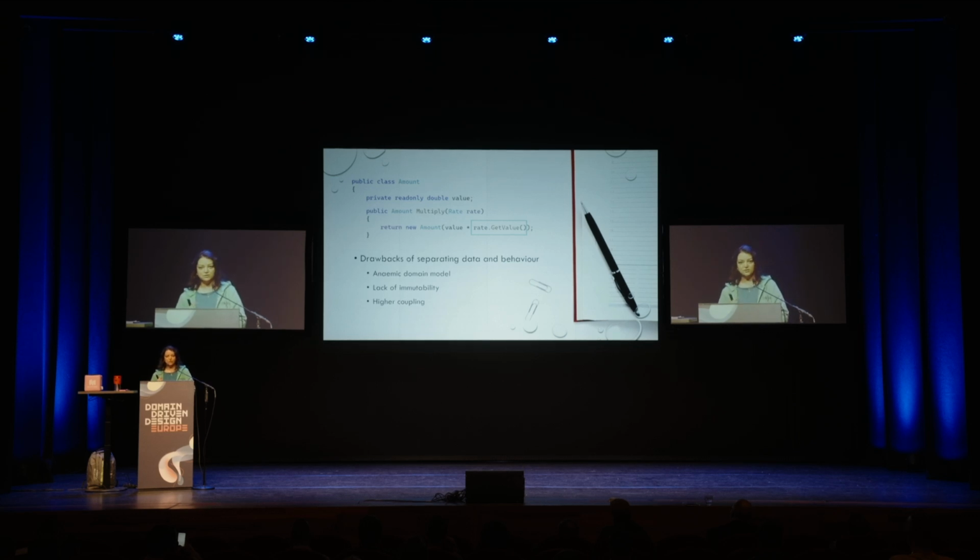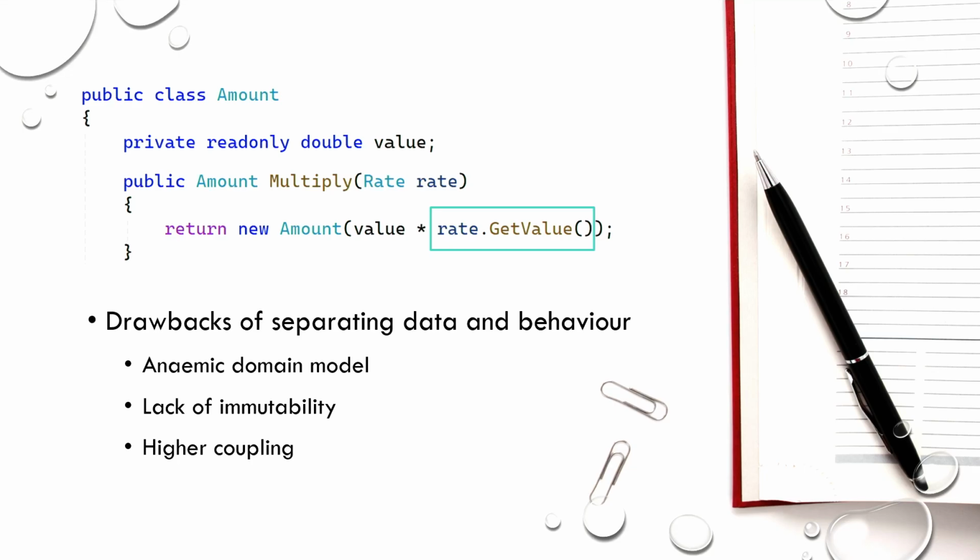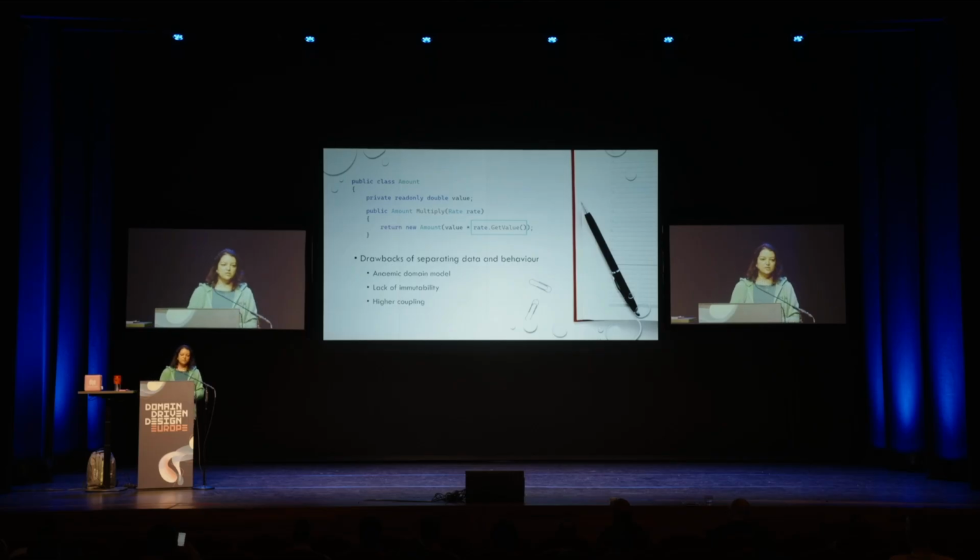That means that you have just some structure with data, fields, and getters and setters, and the behavior is in some services in another part. You have a lack of immutability and a higher coupling between all the classes in the code.